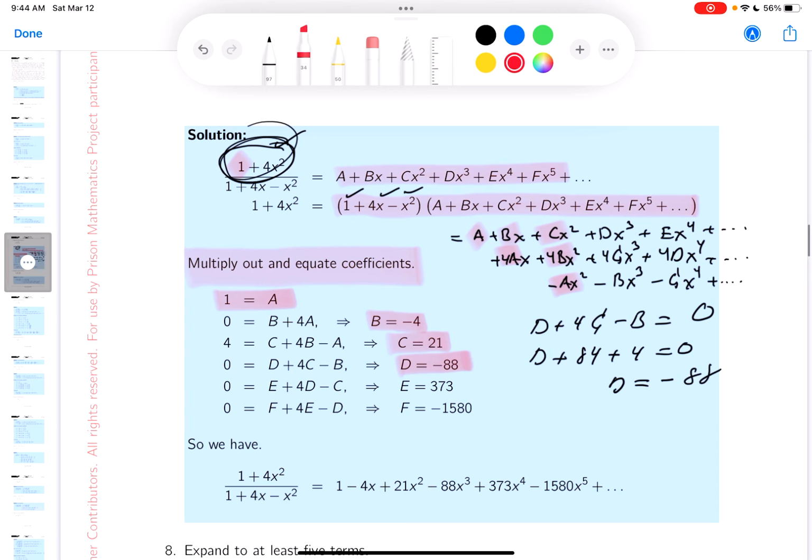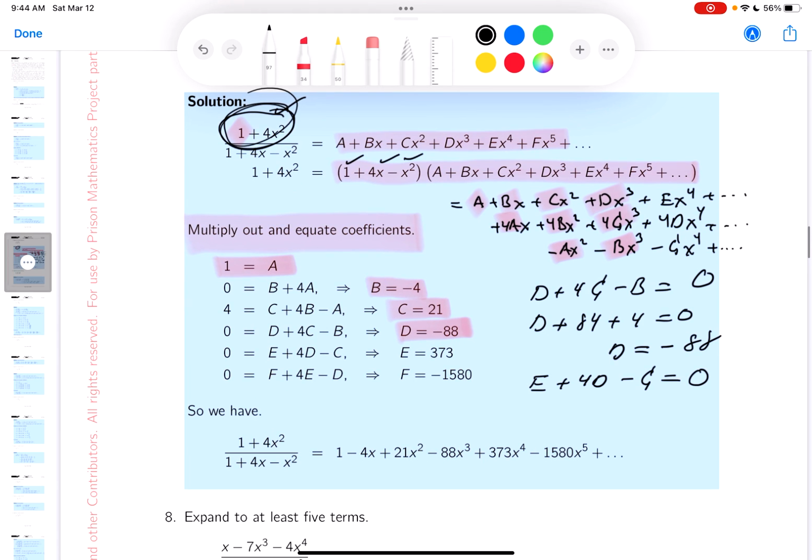All right, let's point out where that is. Right over here. All right, so we just did this. We're going to do the fourth now, right? There's no fourth, so I write it down. E plus 4d minus c is going to be 0. That's a d, by the way.